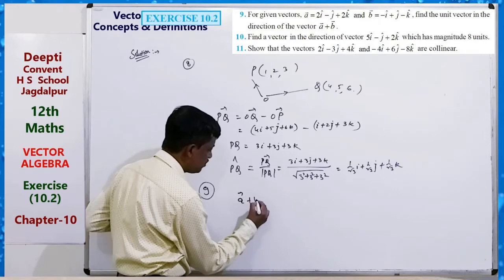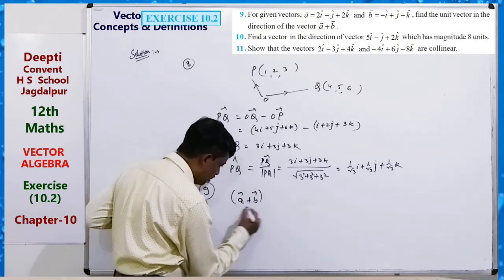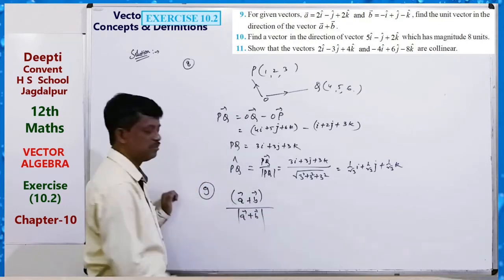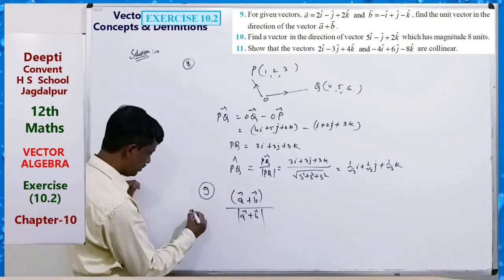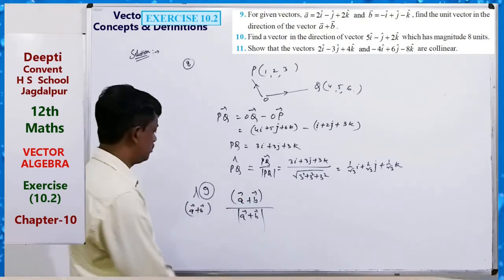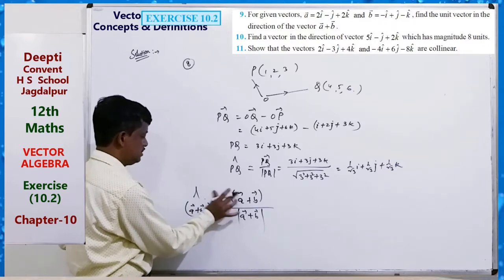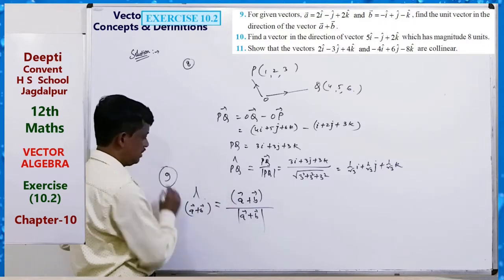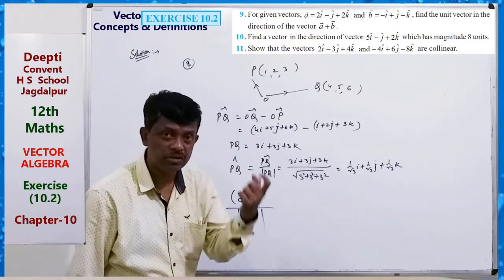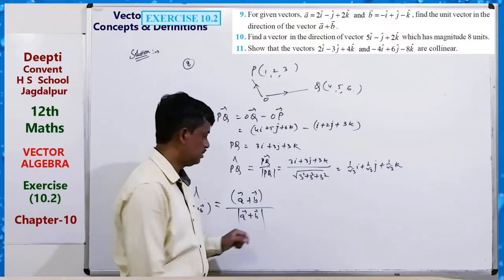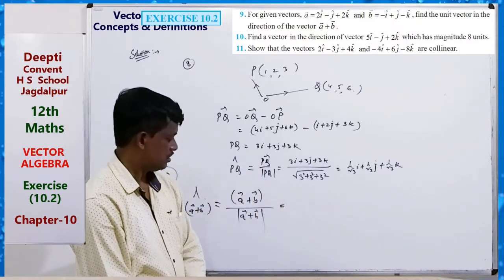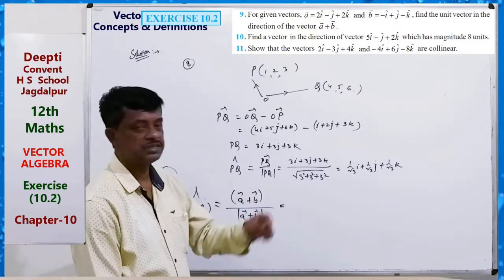We have to find a plus b upon the modulus of a plus b, because we need the unit vector along a plus b.